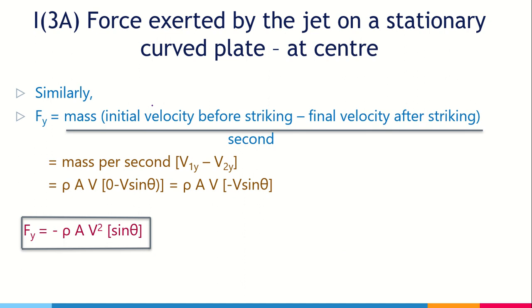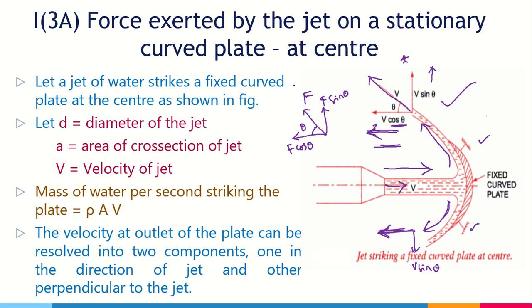Similarly, let me write for Fy. The formula is the same: mass per second into initial velocity before striking minus final velocity after striking. I am writing in y direction, so it is v1y minus the final velocity after striking in y direction, v2y. Mass per second is the same, rho AV, into what is v1y? It is the initial velocity in y direction before striking.